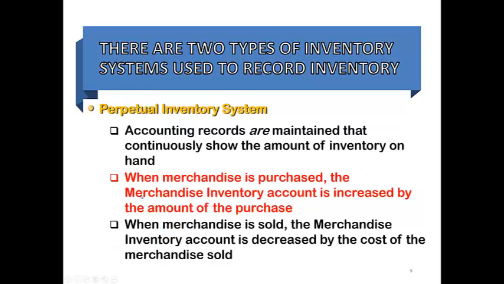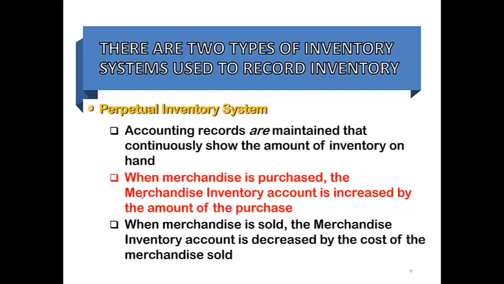Now, under the perpetual system, this is the system used by larger merchandisers like Walmart and Target. When we purchase inventory, the merchandise inventory account is immediately updated. So merchandise inventory, the account is very active. When we sell inventory, we immediately take the inventory that was sold out of our inventory account.